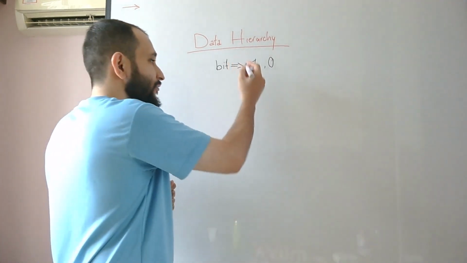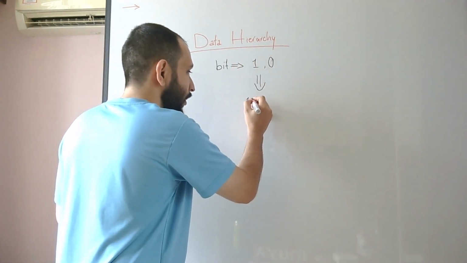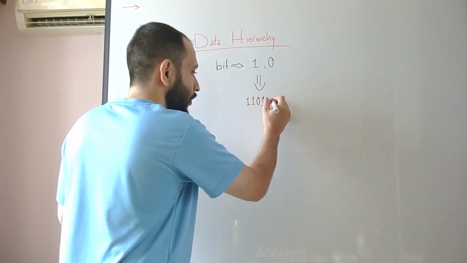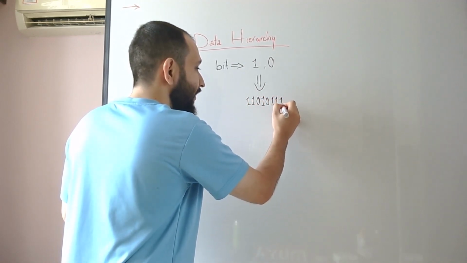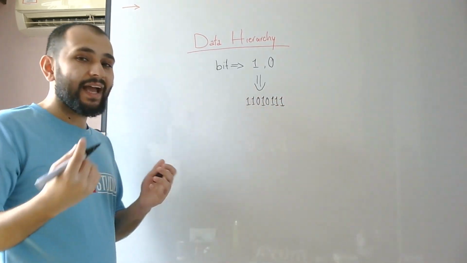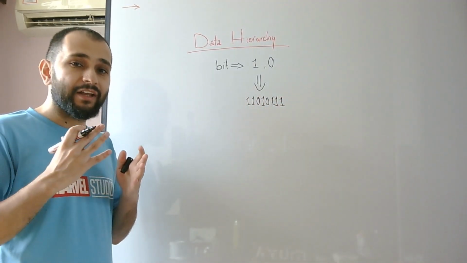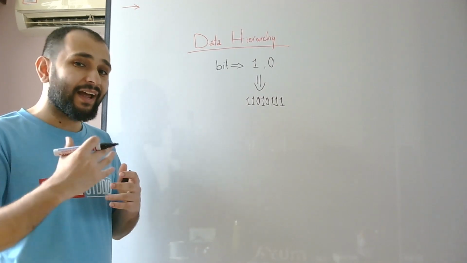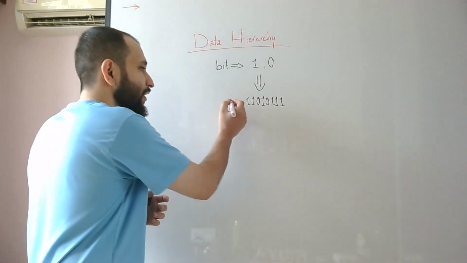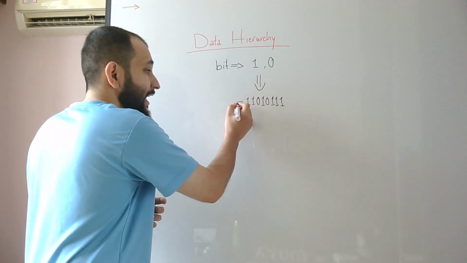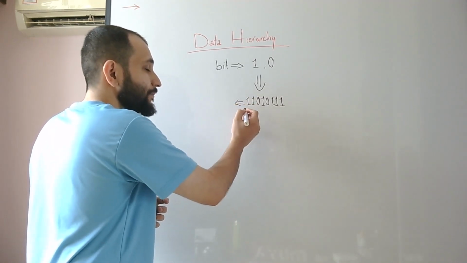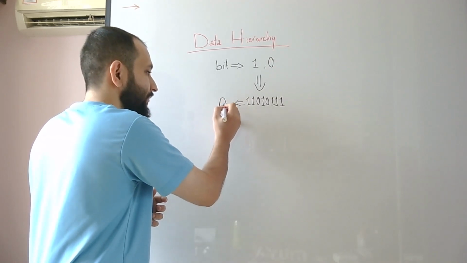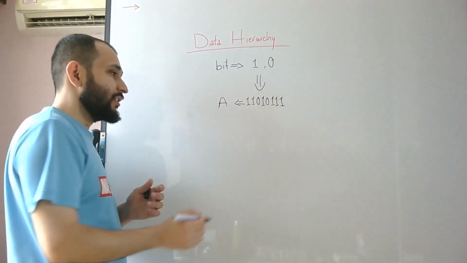For example, a few of these bits come together, 0, 0, 1, 0, 1, 0, and then they can represent a character. A character could be a number, or a representation of a character in the alphabet. Let's assume this combination of bits represents A of the English alphabet.